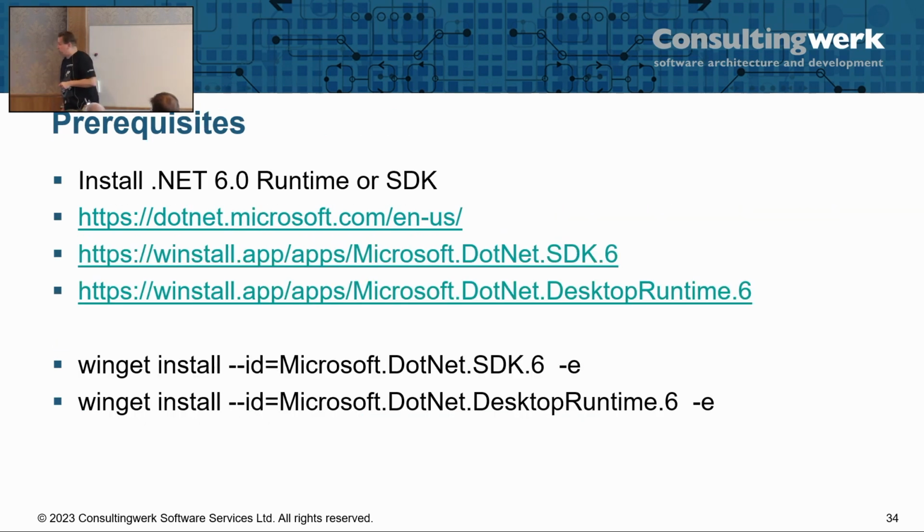If you want to use .NET 6 with OpenEdge, you have to install the .NET 6 runtime or the SDK yourself. You get that from the Microsoft installers. Unlike the .NET Framework, .NET 6 is not installed by default on Windows, also not on Windows 11. You have to install it yourself.